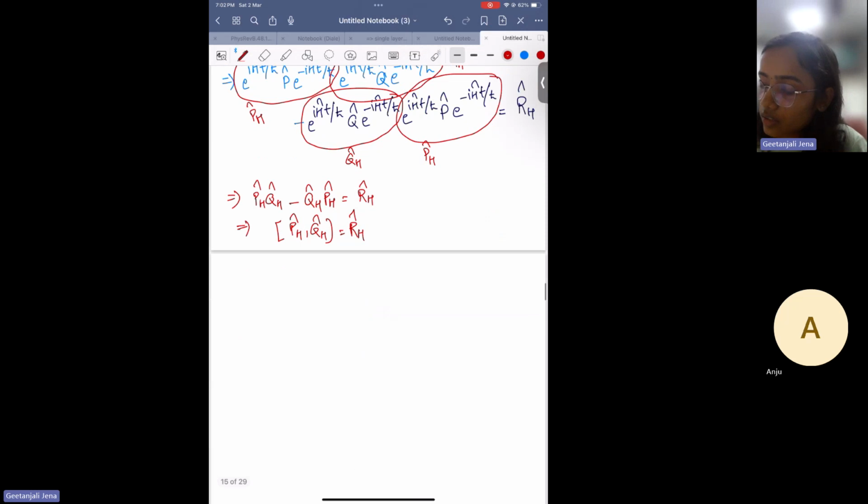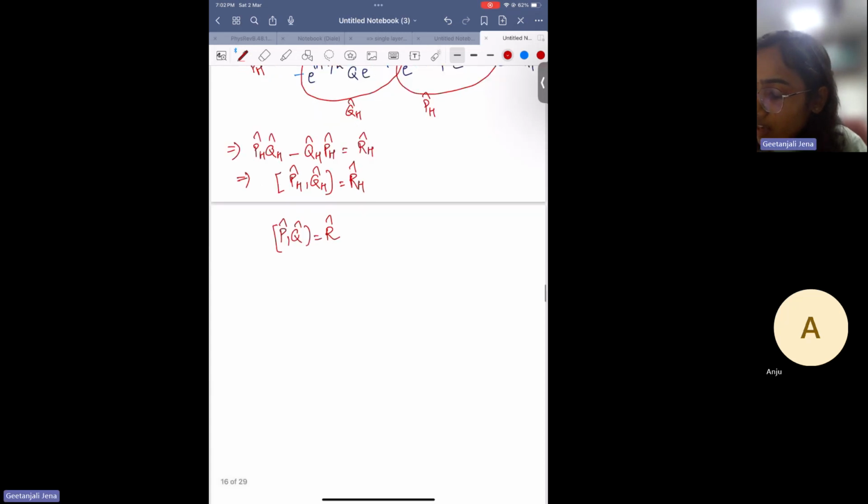So what you've seen is, you were given PQ minus QP equal to R in the Schrödinger picture. Then the same commutation relation in the Heisenberg picture is P_H Q_H equal to R_H.